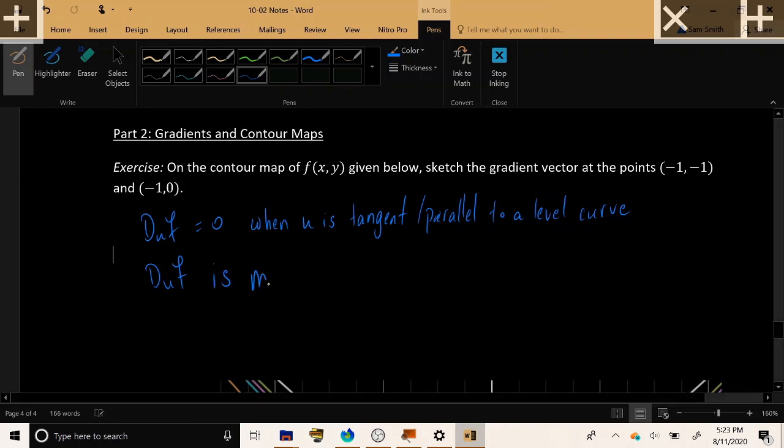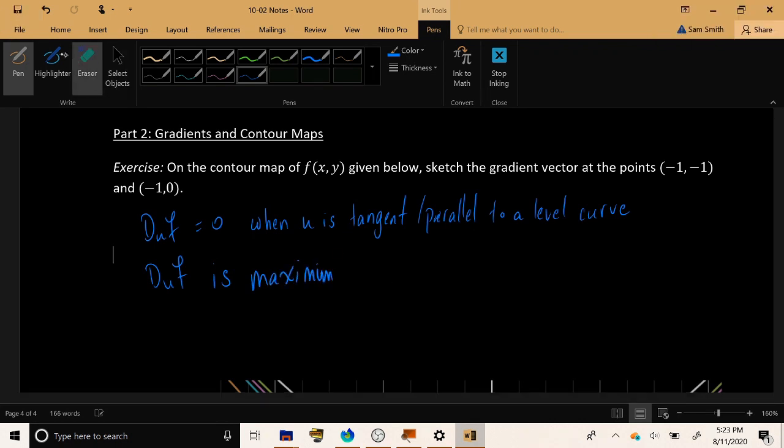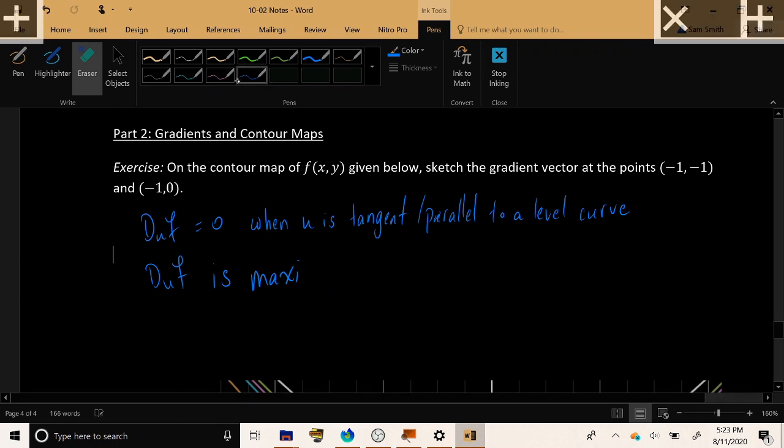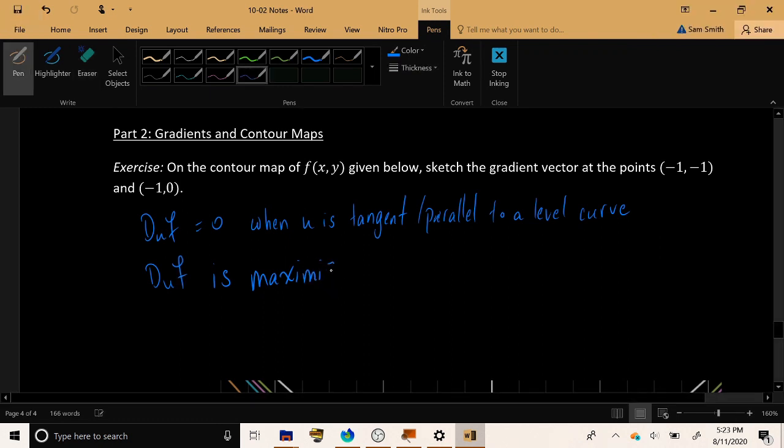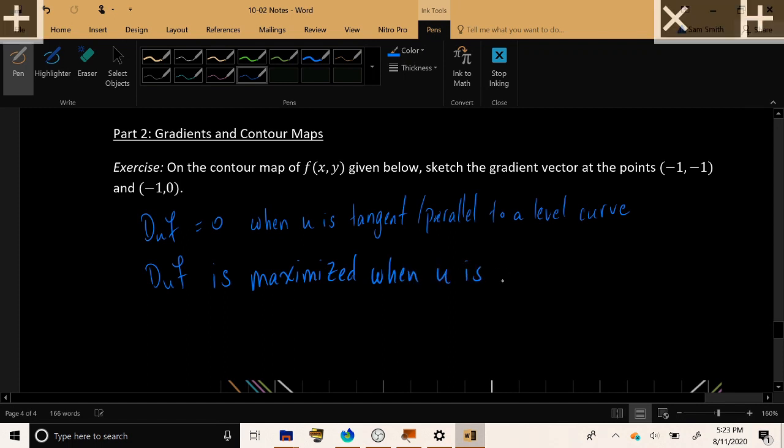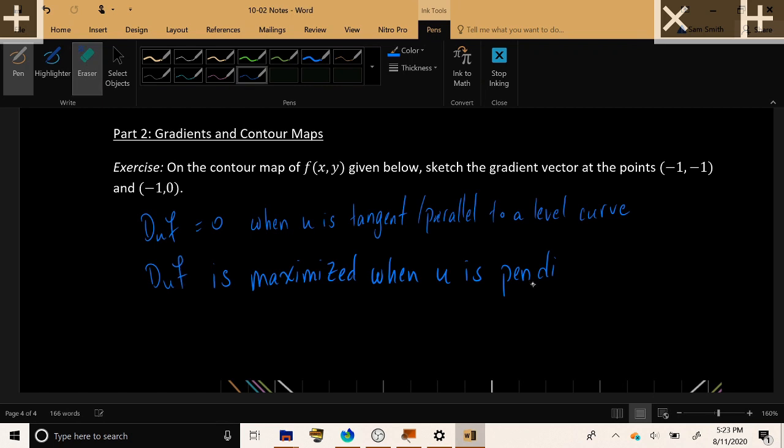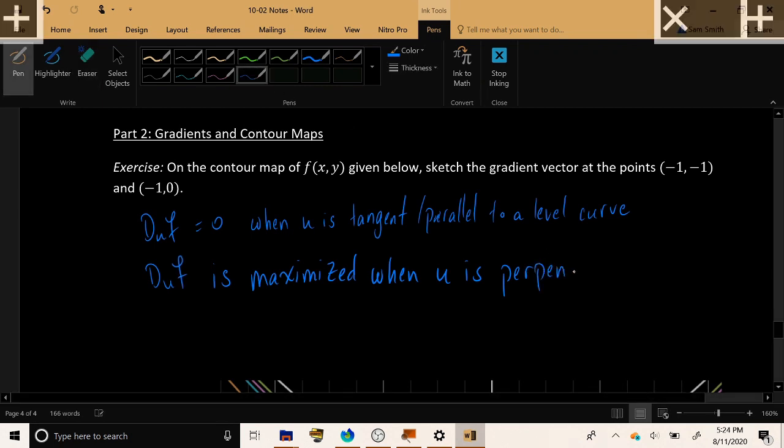It is maximized, if I can spell maximized, when u is perpendicular to a level curve. Oh, the spelling's gone downhill, hasn't it?